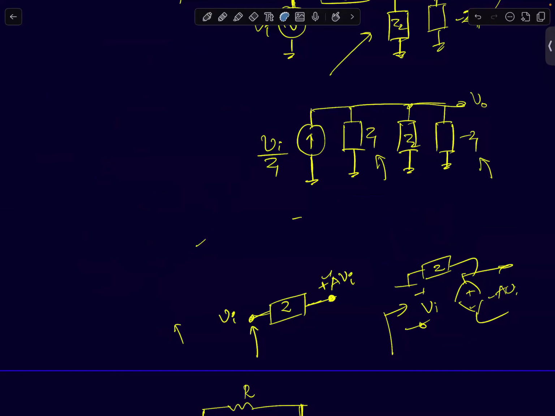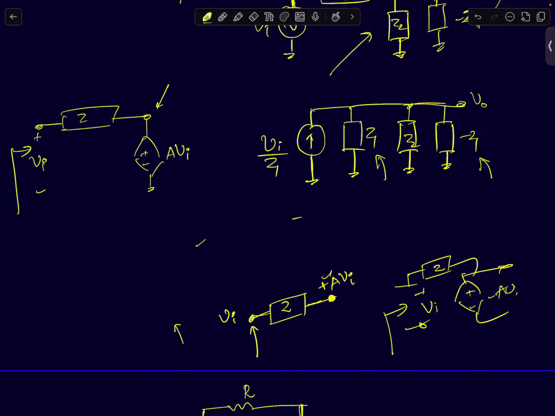If I have an impedance Z connected to an amplifier, and Vi is the input voltage, it's going to produce a voltage of A times Vi at the other node. Now, if you are interested in finding the input impedance, how will you find it?